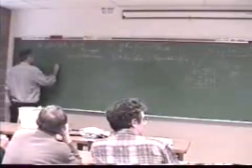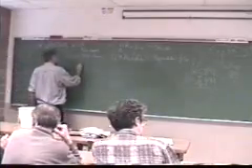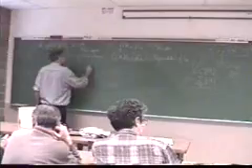It is given as follows. You take a function f, which belongs to the Schwartz space S of A sub 0, and you consider the corresponding vector in this Hilbert space. Now to it you associate the following.